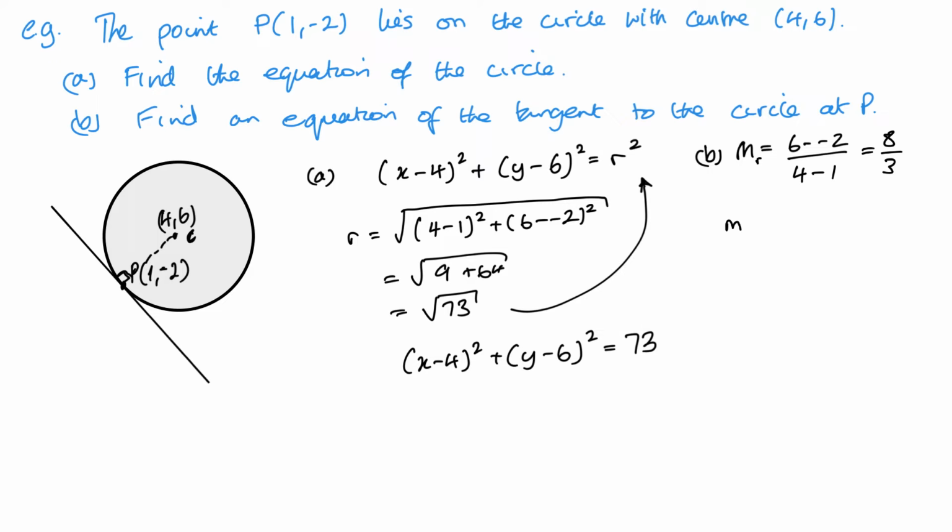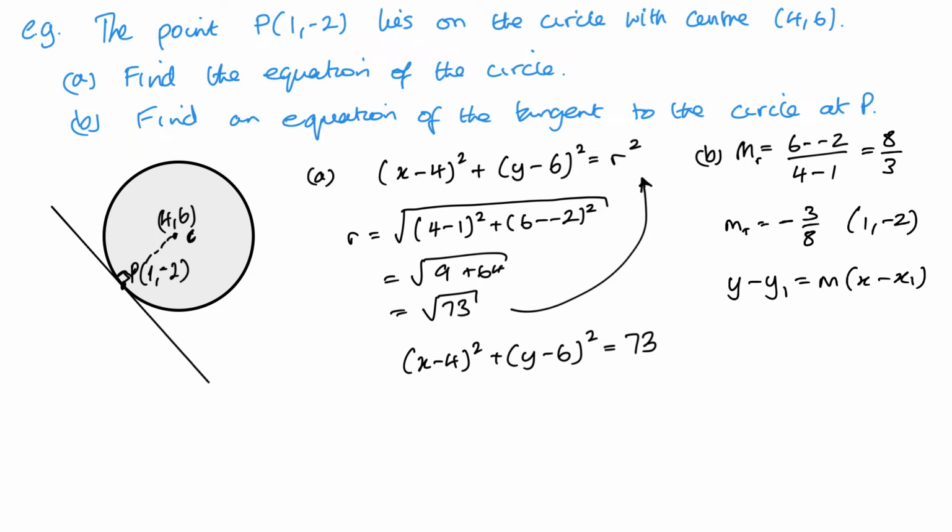And we want the gradient of our tangent, which is the inverse of it with the sign changed. So minus 3 over 8. And the coordinate on the tangent is 1, minus 2. So now I can go to my y minus y1 equals m(x minus x1).